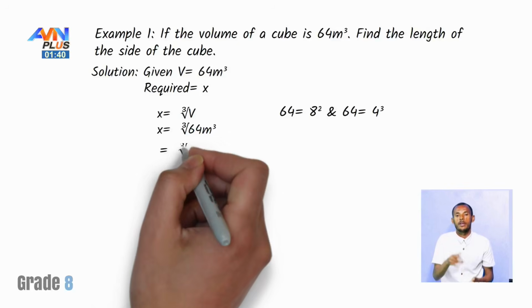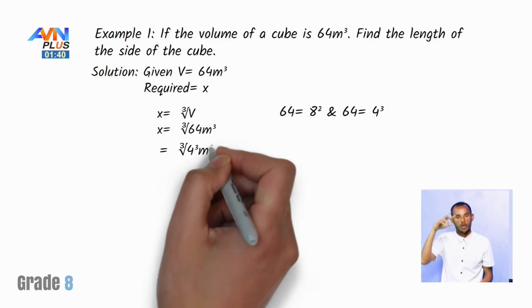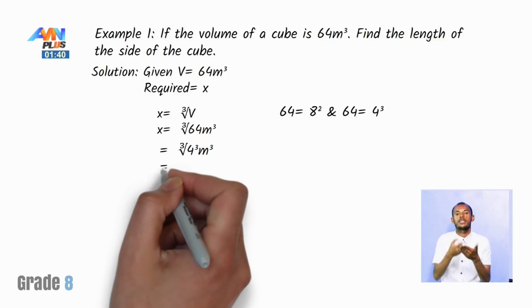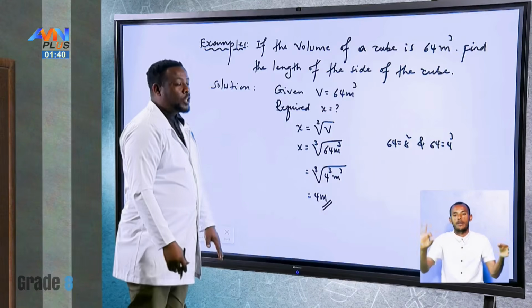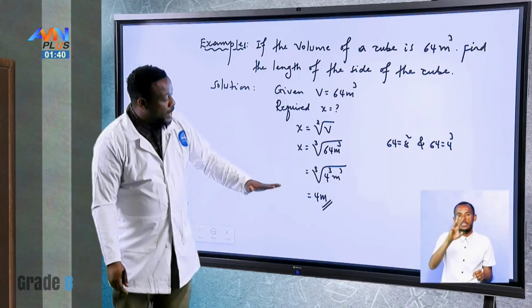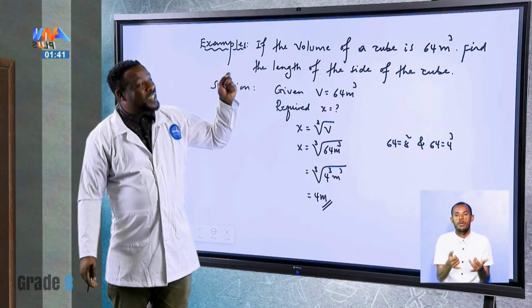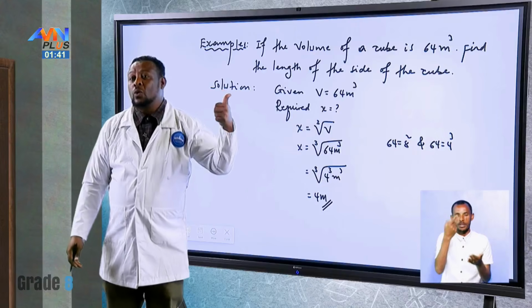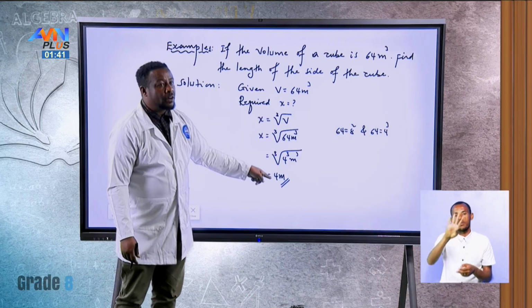So it becomes 4 to the power of 3 meter cube, and the cube root becomes 4 meter. So the cube root of 64 is 4, and the length of the side of this cube, whose volume is 64, is 4 meter.